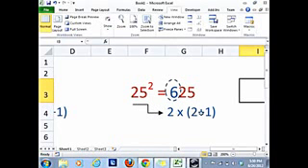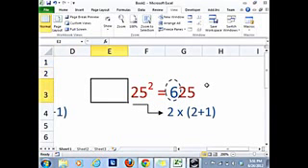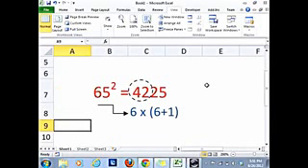So 2 multiplied by its increment 3, and I get 6, so it's 625. If I have bigger numbers like 65, then I can use the same technique. So 65 square will be 6 multiplied by its increment, which is 7. So 6 times 7 is 42.